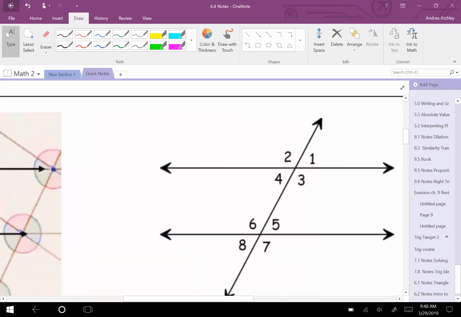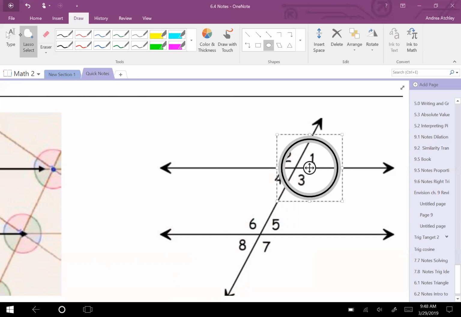So here are our parallel lines. I've numbered them 1, 2, 3, 4, 5, and 6. We are going to color coordinate them. I'm going to draw a circle around it.